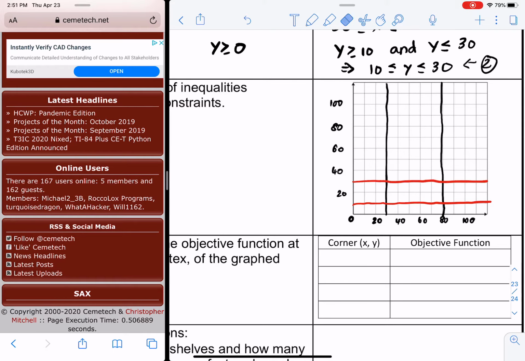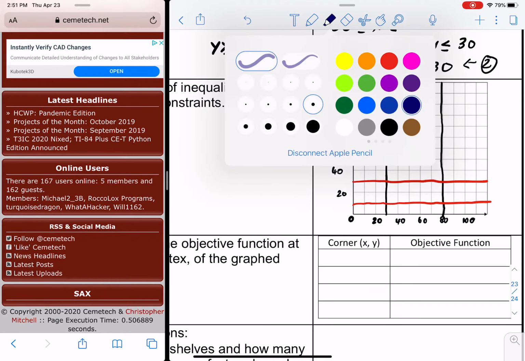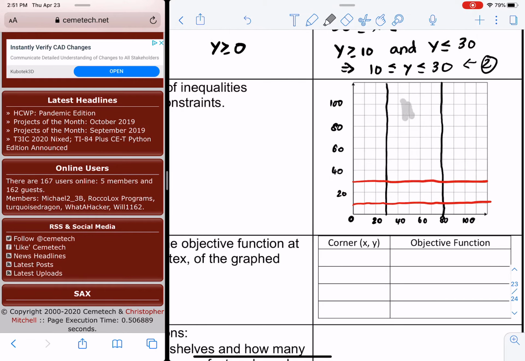So constraint 1 restricted us to that region. Constraint 2 is putting us there.